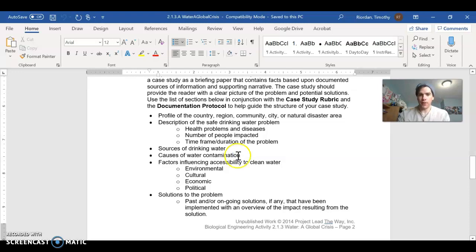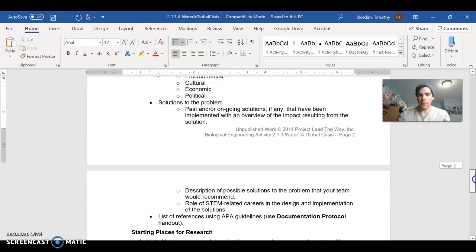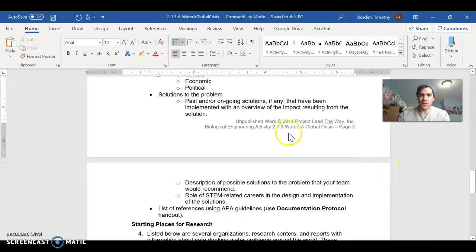And then what are some of the factors influencing that accessibility? And then a big piece, I shouldn't say the biggest piece, is what are some ongoing solutions that are looking at being implemented to address this region? And then how do engineers play a role in that too? So what is being done? What are some engineering solutions to this crisis?